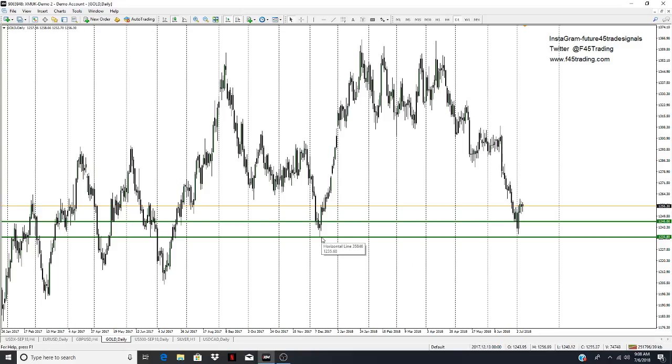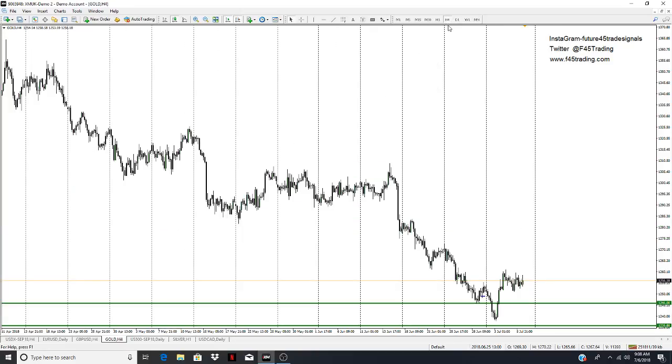Gold came down to our levels here. Well, it didn't come quite down to that 1235.80 level. Hit the 1246 that we talked about, swept below it, and rejected it. I'd actually be interested in looking for a buy on gold. It's what I've been hunting and waiting for.